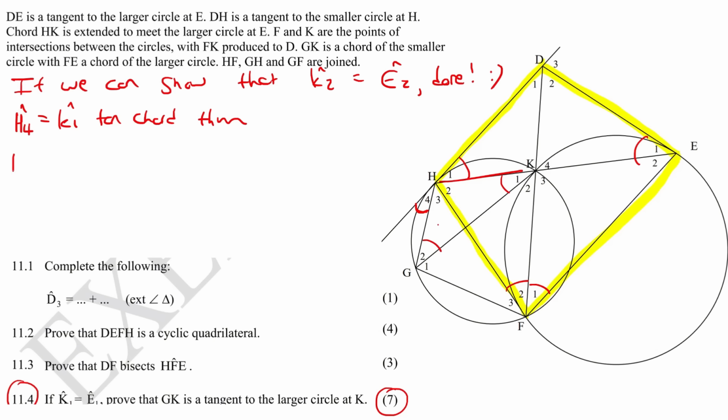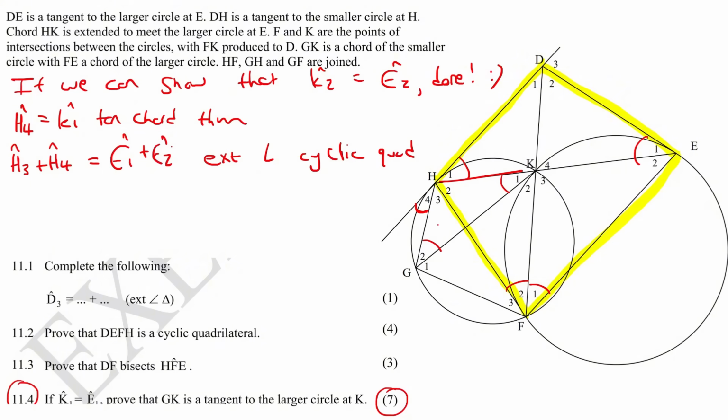So let's go H3 plus H4 must be the same as the whole of angle E. So DEF. And that is because of exterior angle of a cyclic quad. Okay? But instead of DEF, I'm going to say E1 plus E2.